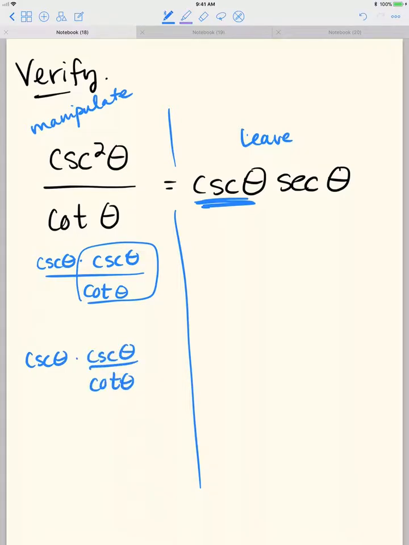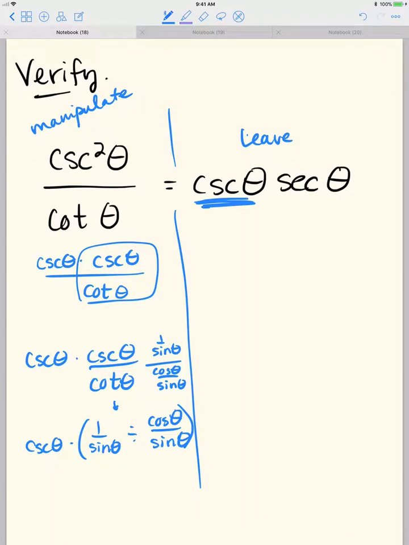So cosecant is 1 over sine, and cotangent is cosine over sine. So I have a fraction divided by a fraction. The way that would clean up is I would have 1 over sine divided by cosine over sine. When you divide by a fraction, the cleanup is to multiply by the reciprocal of the second fraction.